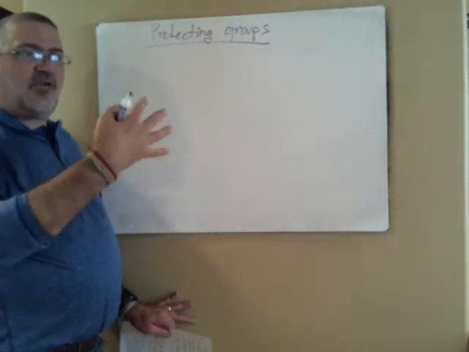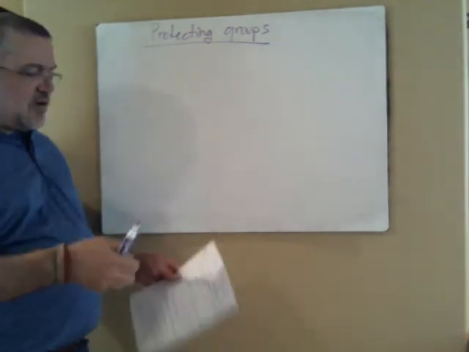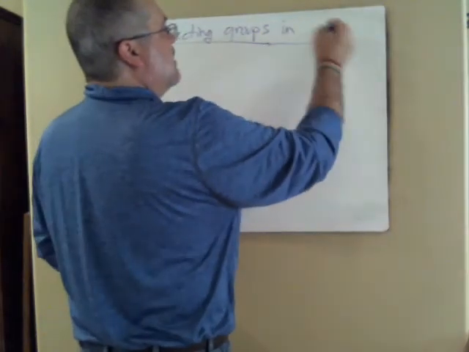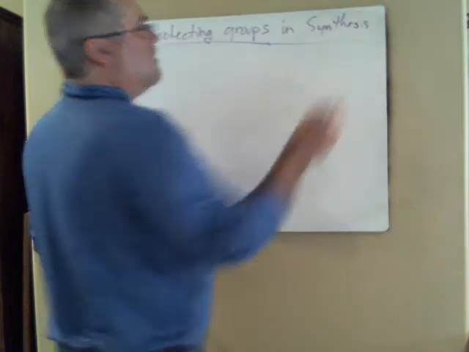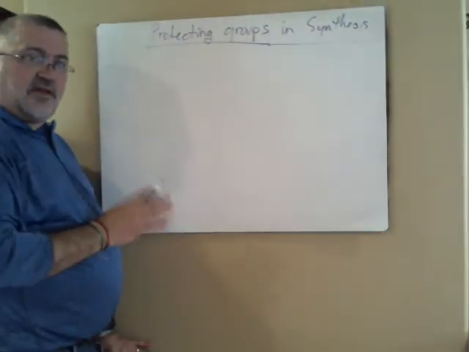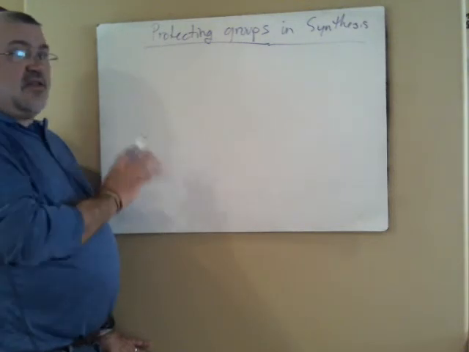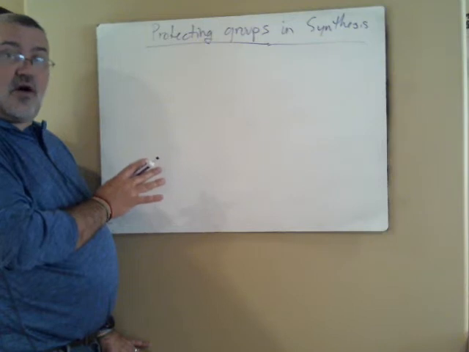So you're protecting that functionality from the reaction. So it's a protecting group. Okay, and so how do we use protecting groups in synthesis? And we'll talk about a couple of examples of this as we work through the rest of the semester. But the protecting group we're going to talk about right now is specific to alcohols.